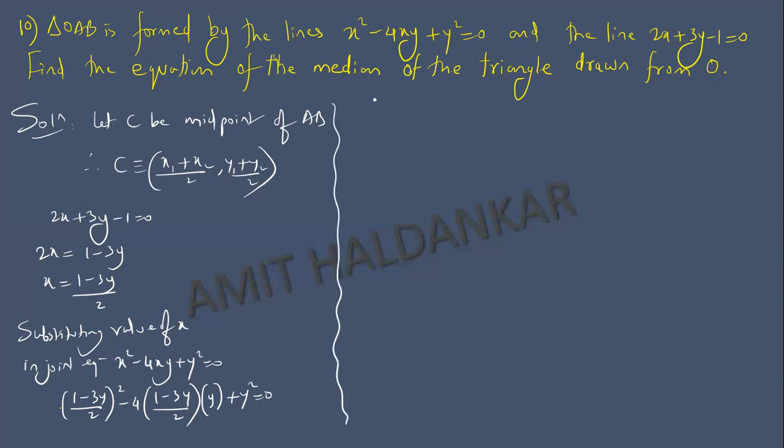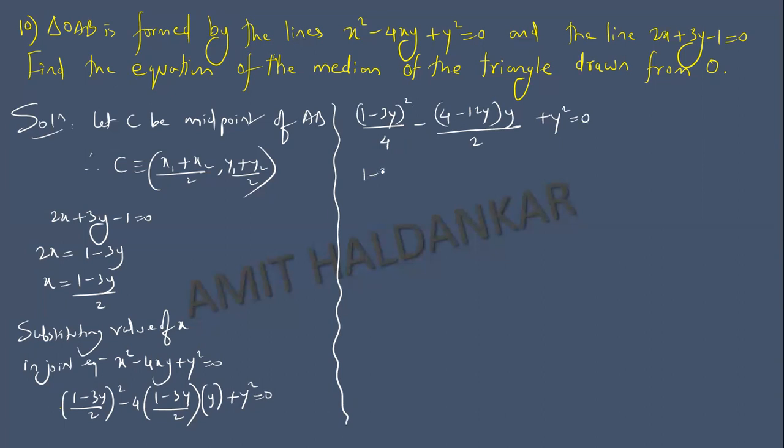Now when you calculate this, you will get 1 minus 3y the whole square divided by 4, minus 4 times 1 minus 3y into y by 2.